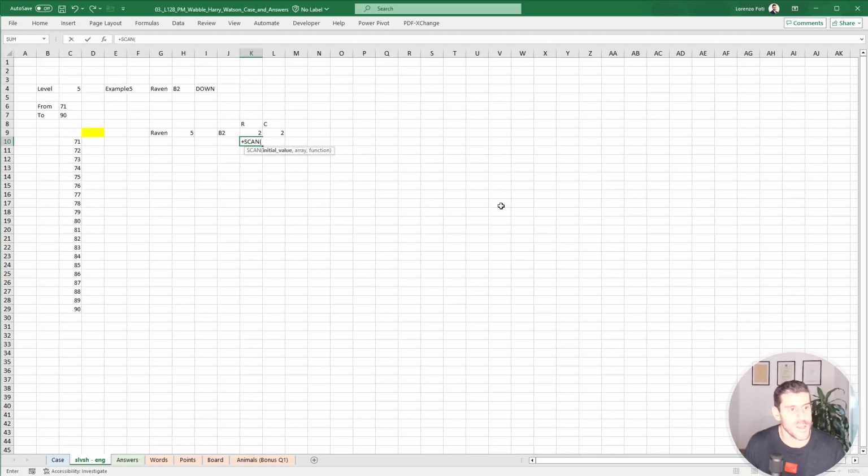Then I want to do a SCAN of this with a SEQUENCE of this, and my function is: if this lock equals down, then it's a plus 1.